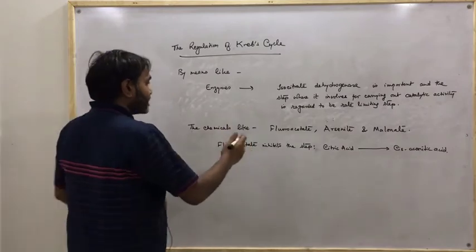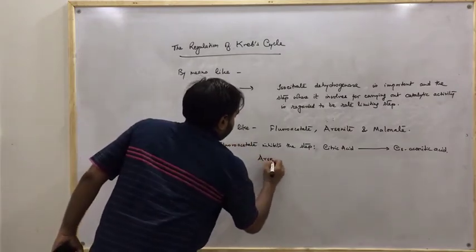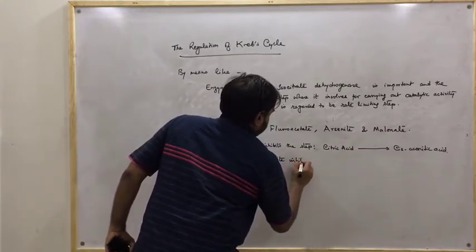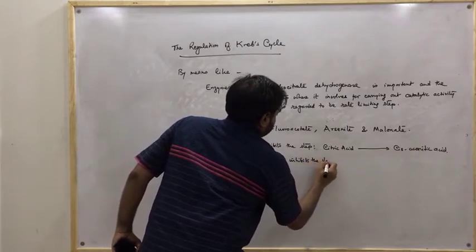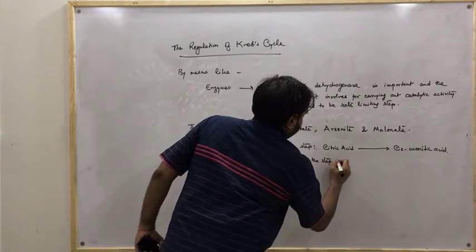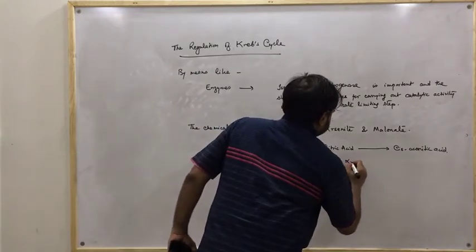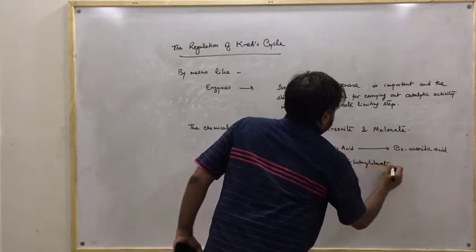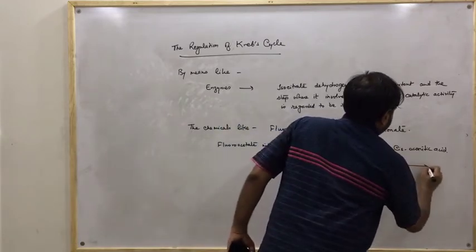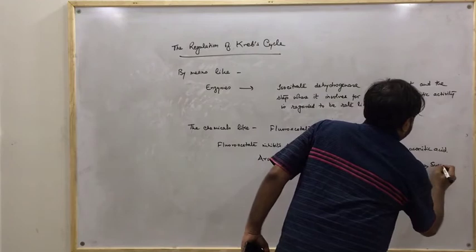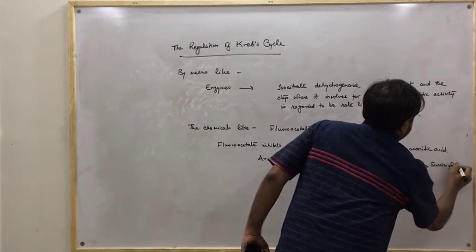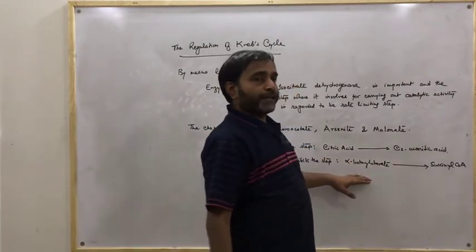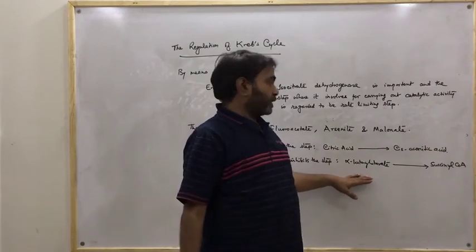Likewise, if we talk about arsenite, it may inhibit the step in which formation of succinyl-CoA takes place from alpha-ketoglutaric acid.